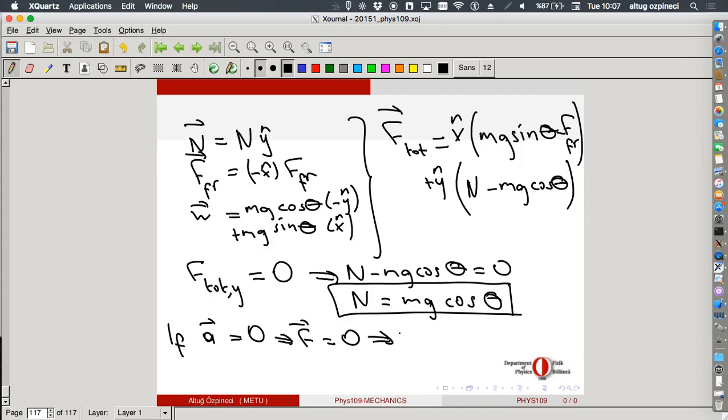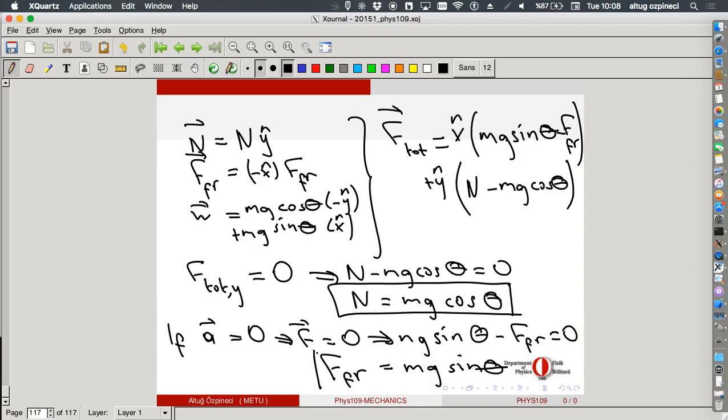For the x component to be 0, we have mg sine theta minus F friction equal to 0, or F friction should be equal to mg sine theta. This is the friction force.